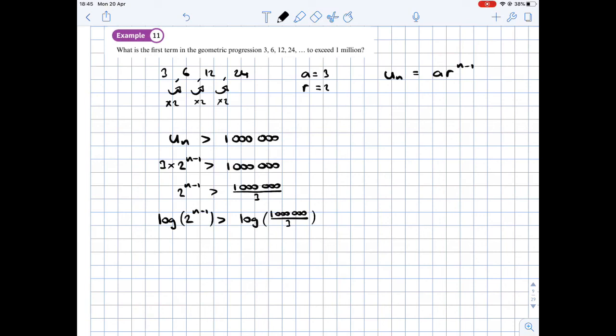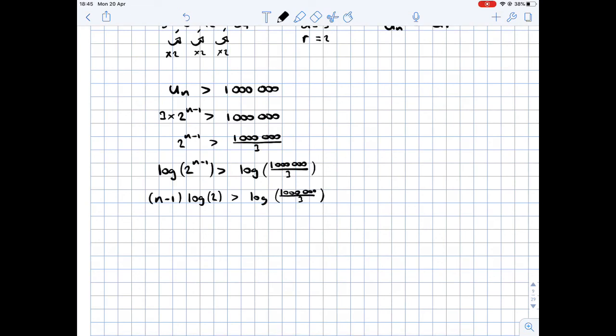Now, using our rules of logs, the n minus 1 can come out in front, remembering to use brackets. Next, I'm going to divide both sides by log 2. Now at this point when we're dividing, we need to think, is log 2 positive or negative? You can check on your calculator. It is indeed positive, so the inequality stays the same.